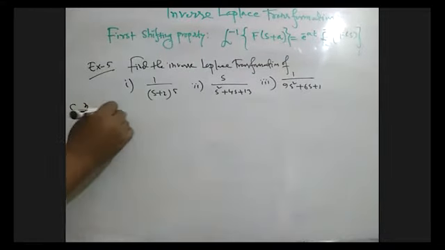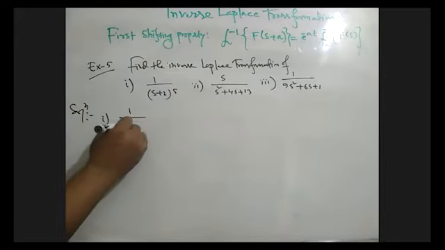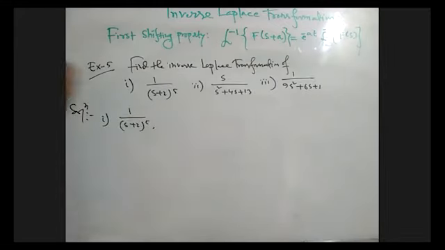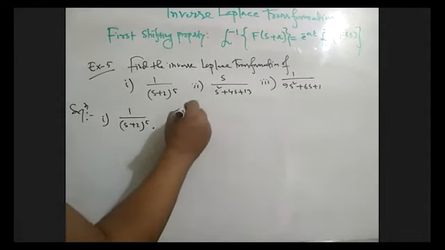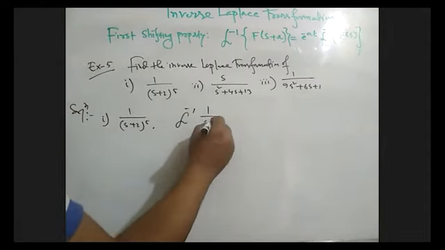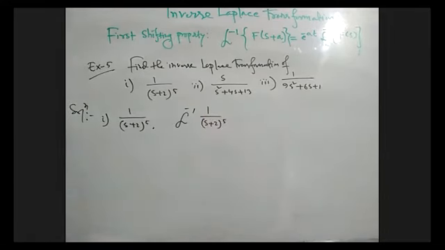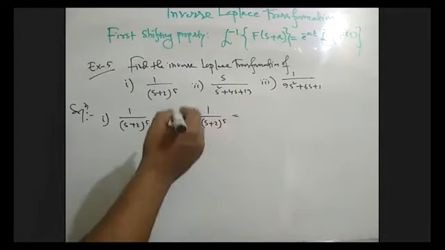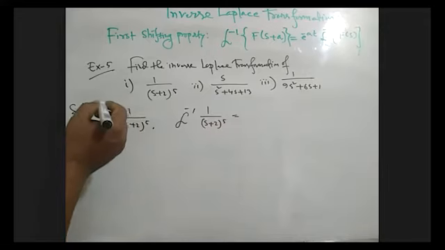Okay, first example, 1 by s plus 2 whole to the power 5. Just using this shifting property, how can we find this one? You must know the inverse Laplace transformation of 1 by s to the power 5 to find the original function.